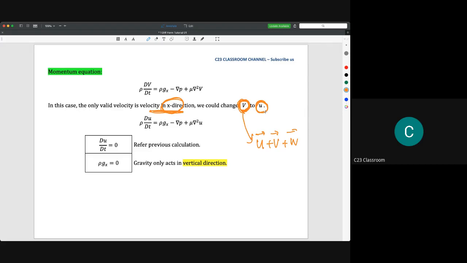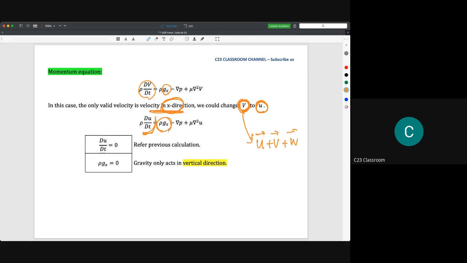So now we replace the DV/dt here by du/dt. And then the gravity here, because we are focusing on x direction, we write rho gx. It means we need to use the component of gravity on the x axis.